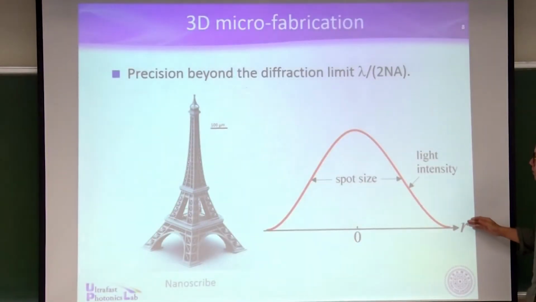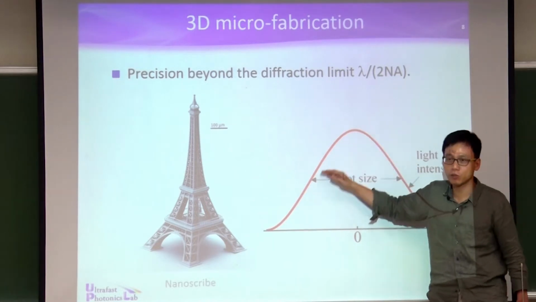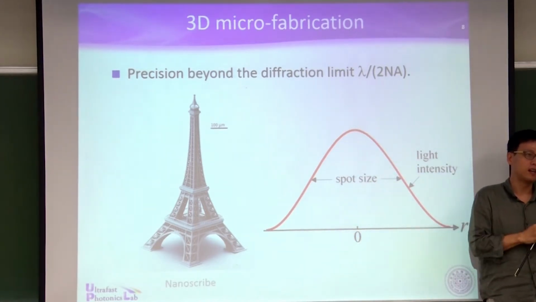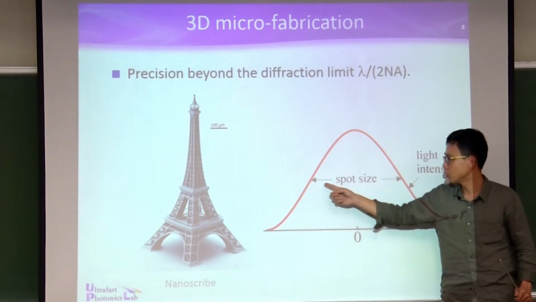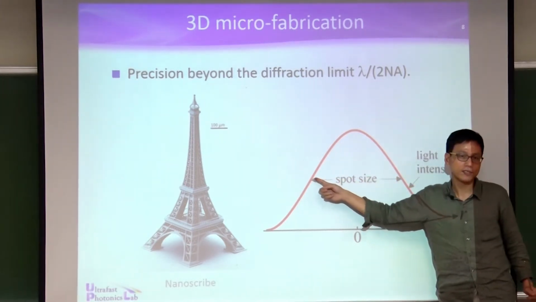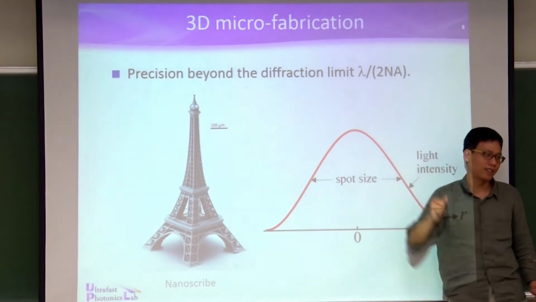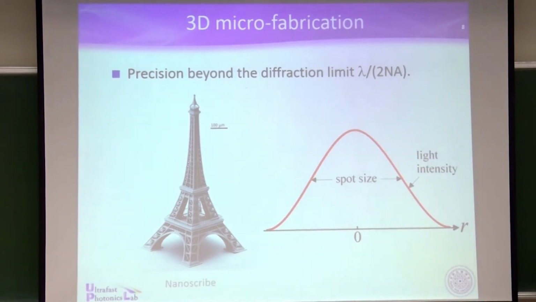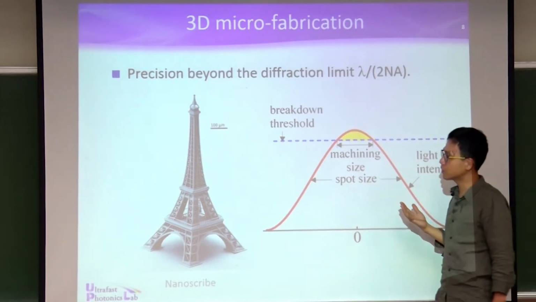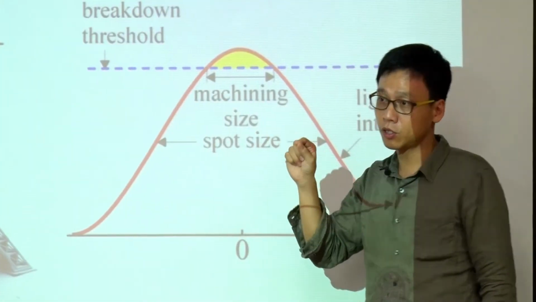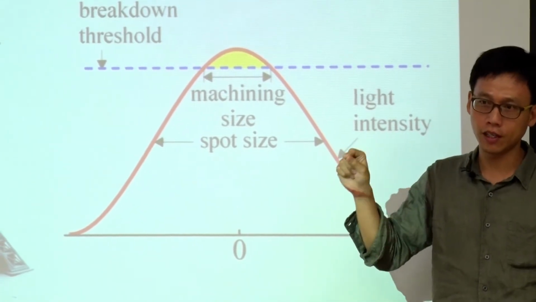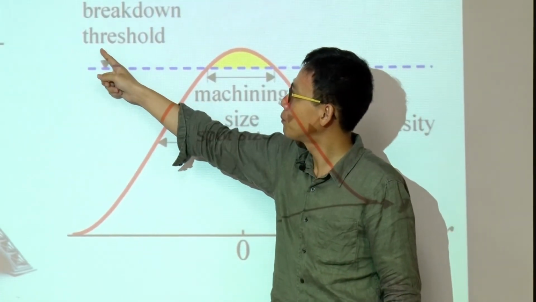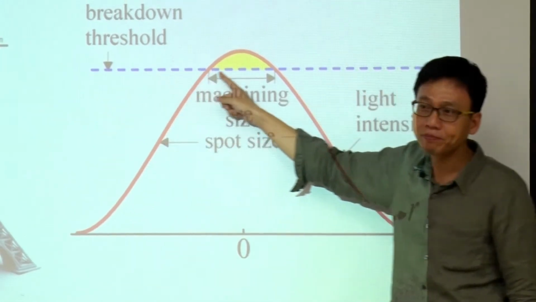But why can the diffraction limit be overcome? For example, this is a light intensity distribution of your focused spot, okay? Usually this is referred to as the spot size limited by lambda over 2. But when you do fabrication with femtosecond lasers, where the material has a reaction to the laser light, there is a breakdown threshold here.